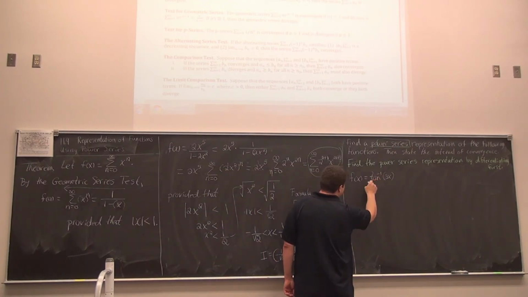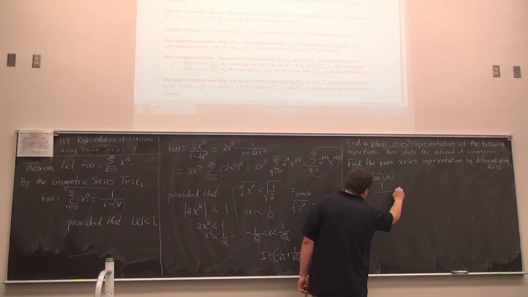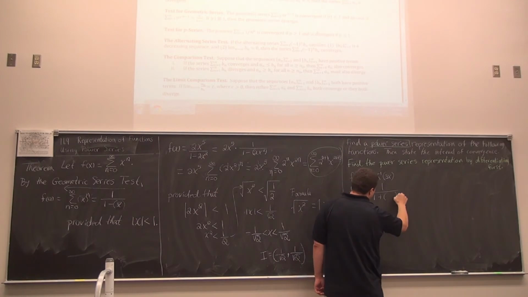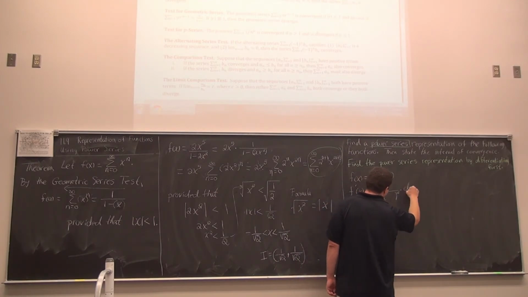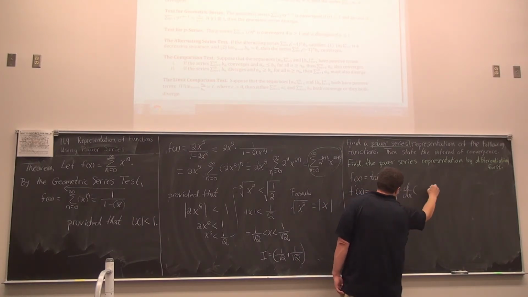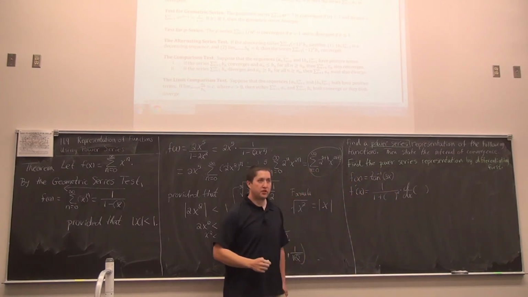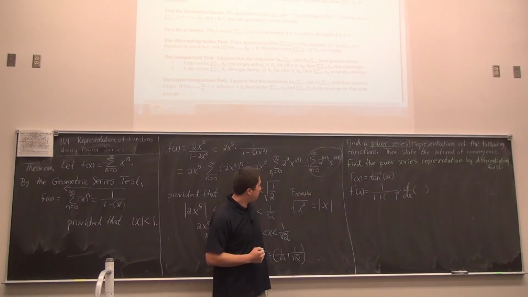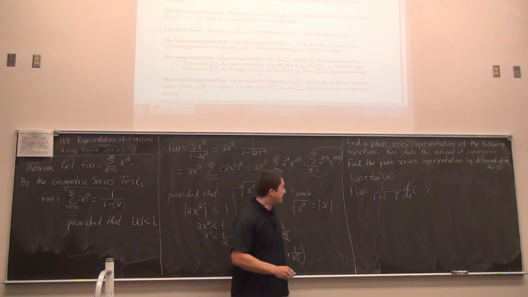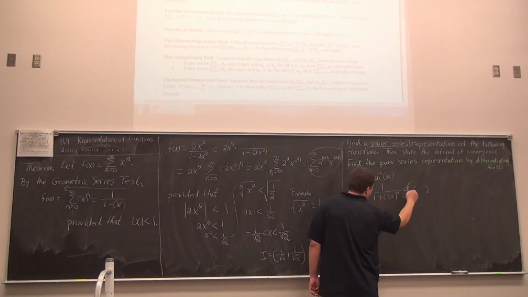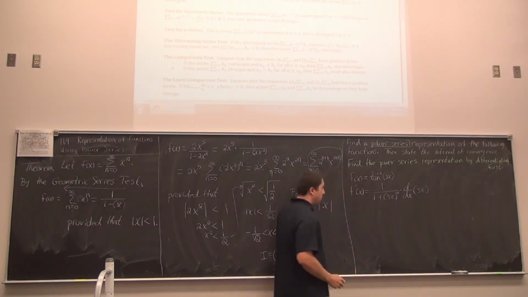If f of x is tangent inverse 3x, then let's go with f prime of x, which will be 1 divided by 1 plus the input squared, times the derivative, d dx, of whatever that input had to be. So the chain rule format of that derivative will look about like that. Then the input is 3x, which goes in those two positions.